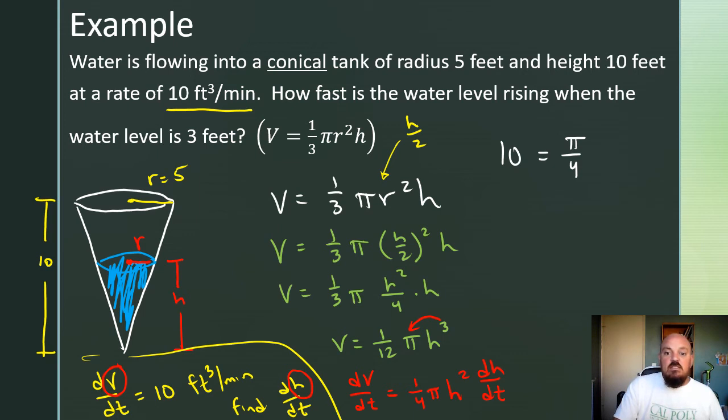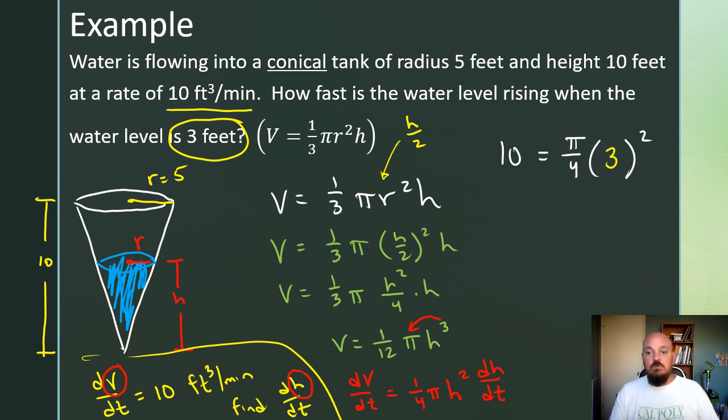Now, we have h squared. We haven't actually used it yet, but remember in the question, I said, how fast is the water level rising when the water level is 3 feet? That's when you're going to finally use that. That's what that extra piece of information was for. You need it at the very end to plug in. And then that is times dh/dt.